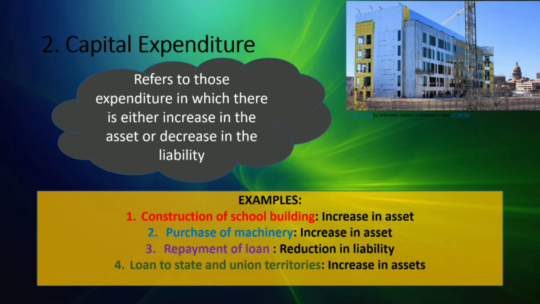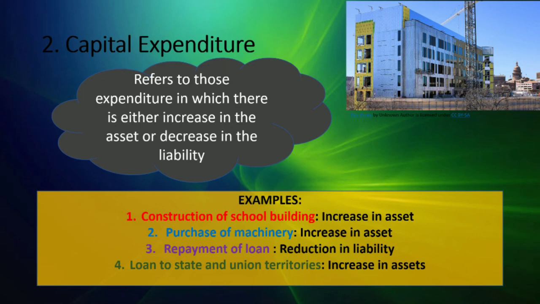So yes, we can say that repayment of loan is a capital expenditure because there is a decrease in the liability. We can again recapitulate the definition of capital expenditure that says these are those expenditure which either increase the asset, ऐसे expenditure जो कि या तो asset increase करते हैं or decrease the liability of the government. So this repayment of loan is a capital expenditure because it reduces liability.